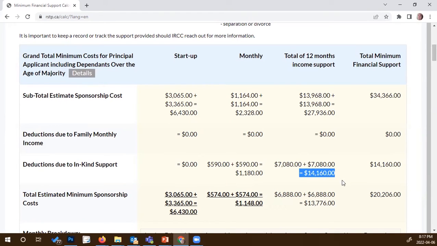And then that is the amount that's going to be subtracted from the actual legal liability amount, which was $34,366. When we subtract this, the cost of sponsorship now is reduced to $20,206. So you can see there's a significant amount of savings that can be made when the newcomer lives with a party to the sponsorship and is not being charged any rent. And so that's where savings can be made for in-kind deductions.